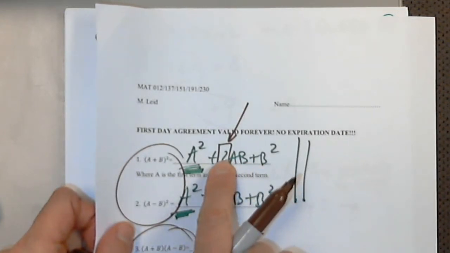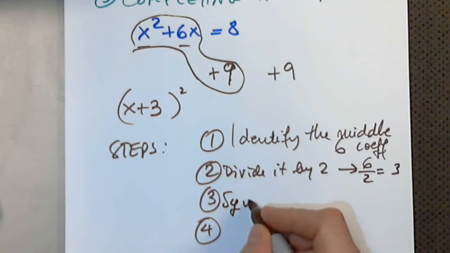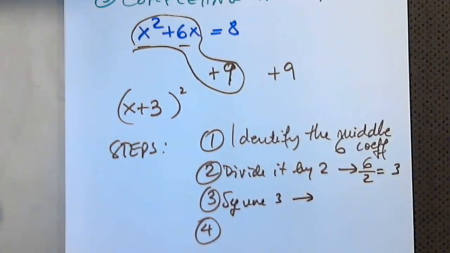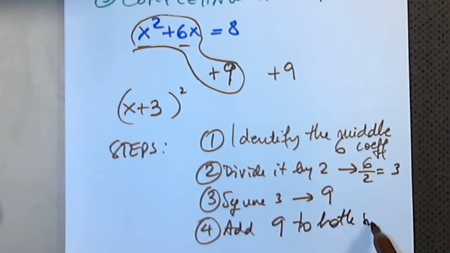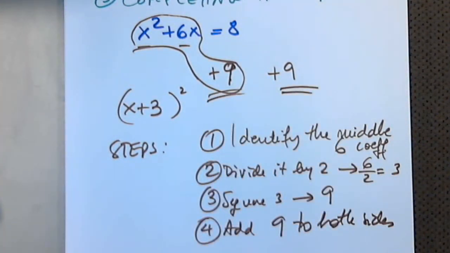That's why I divide by 2. So 6 divided by 2 is? In step 3, square 3. Please square 3 for us. Step 4: add 9 to both sides. That's how we came up with this.